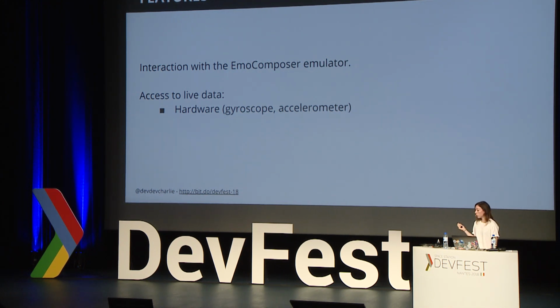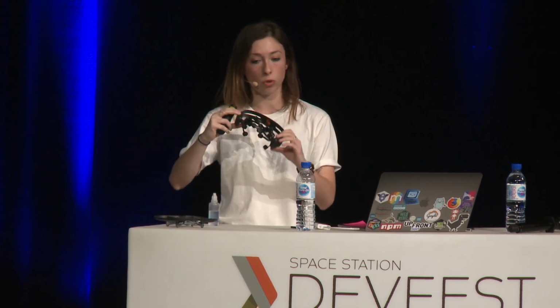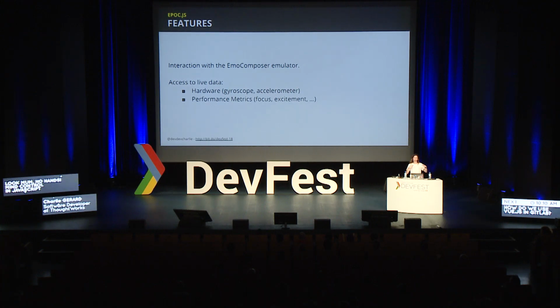So you have access to the hardware. The sensor has a gyroscope and accelerometer, so when you move it around, you can get the X and Y data of it. You have access to performance metrics, so you have access to the level of focus and excitement if you want to build apps with that.